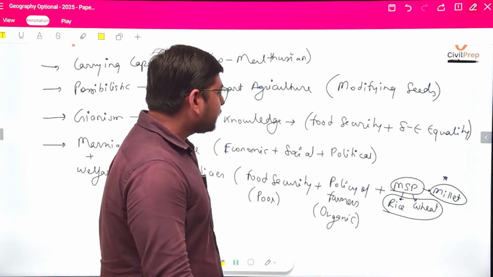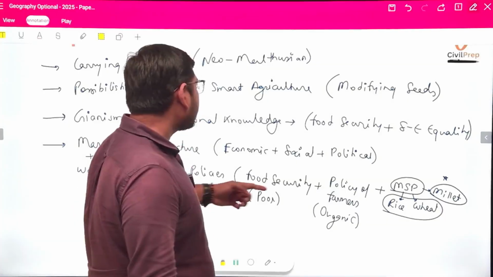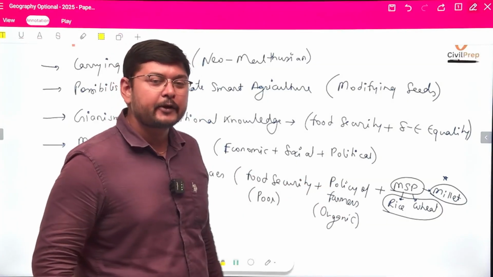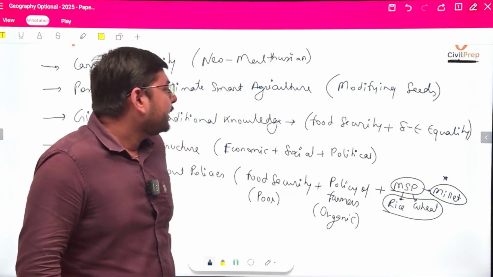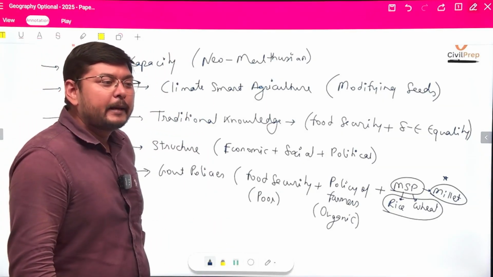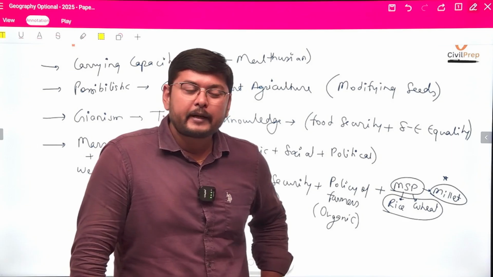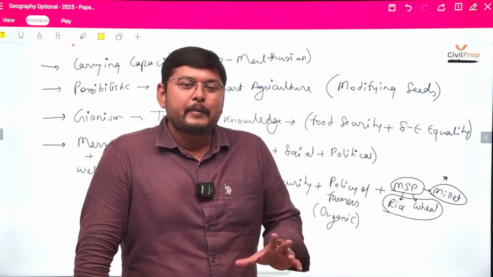Therefore, we need to have a support price policy here, which will be part of welfareism, and it will promote food security and socio-economic equality in the region. It will also help us gain better social sustainable development, with economic and environmental balance.